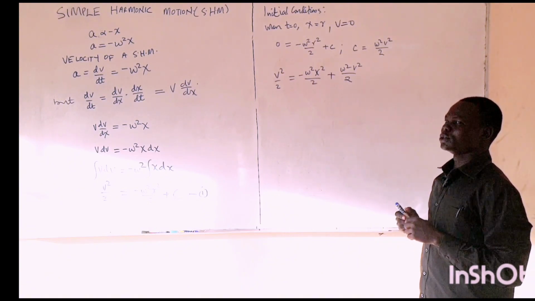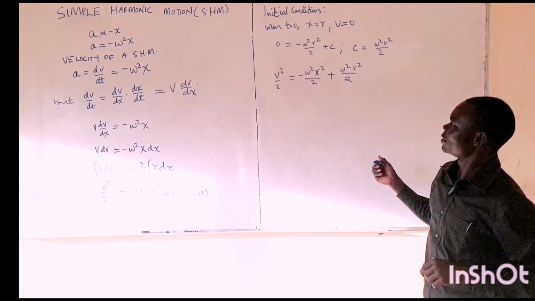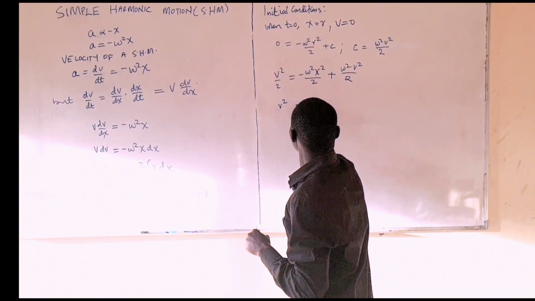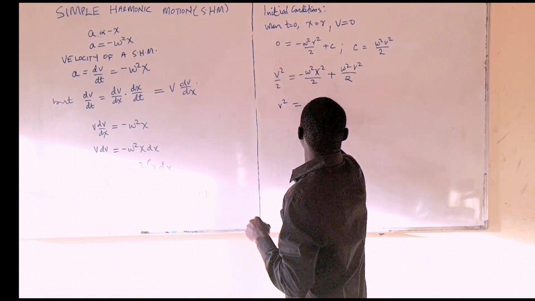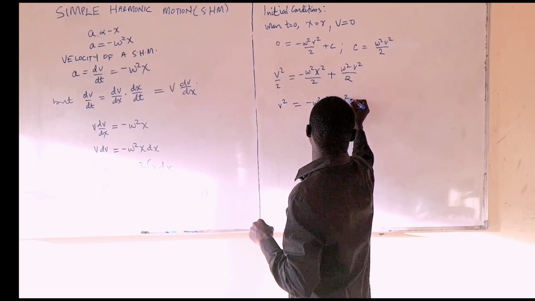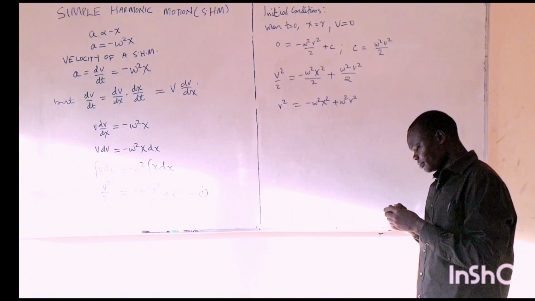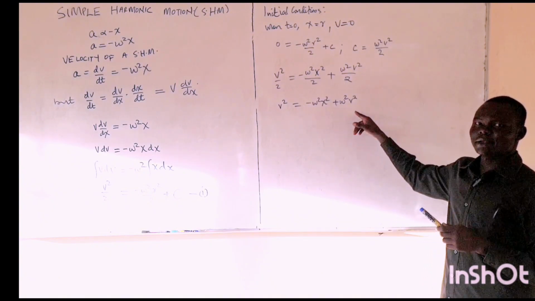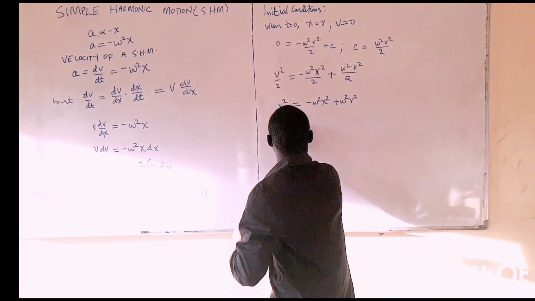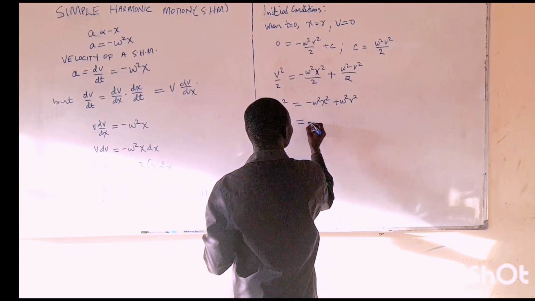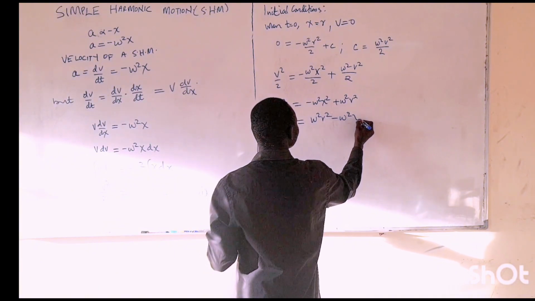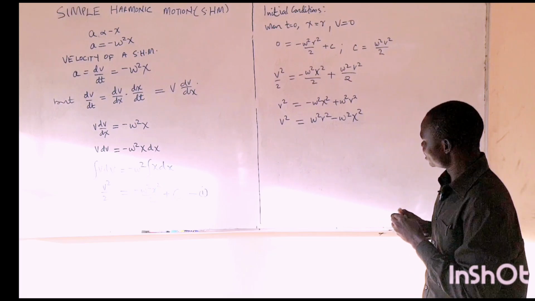We have LCM being 2, 2, 2. We can cross it out and we shall have, mark this one very well, v squared is equal to negative mu squared x squared plus mu squared r squared. We can rearrange this one, starting with the positive one: v squared is equal to mu squared r squared minus mu squared x squared.